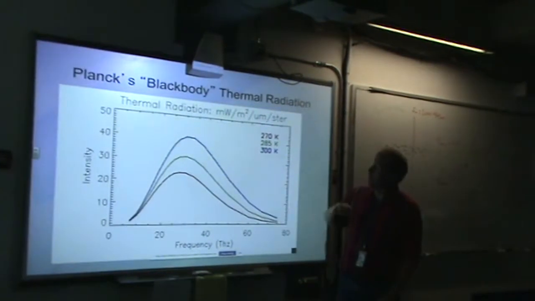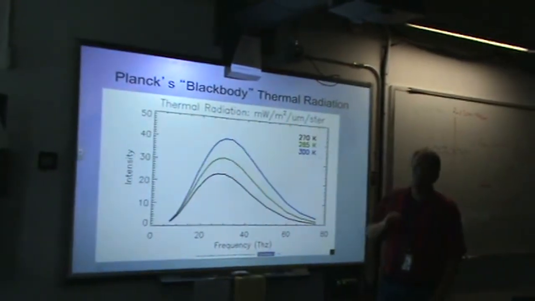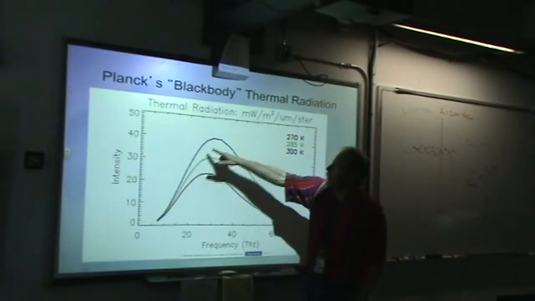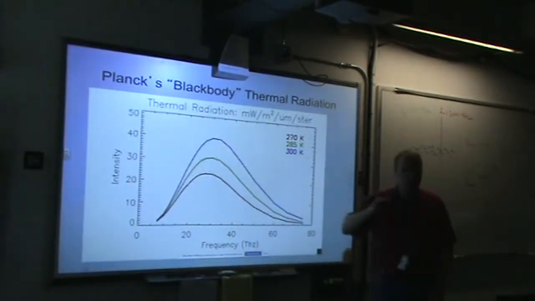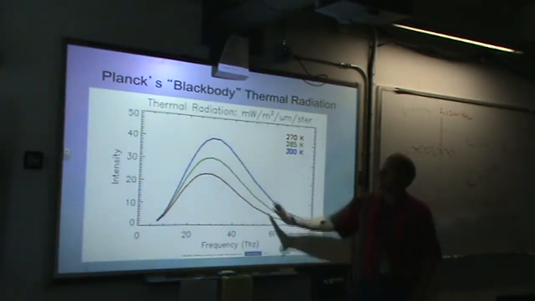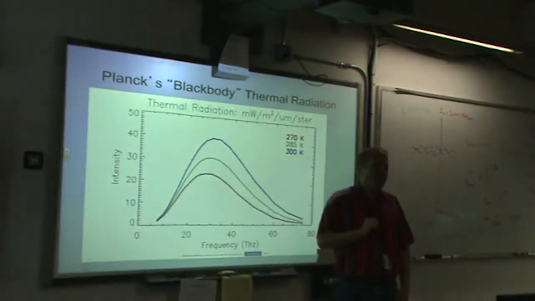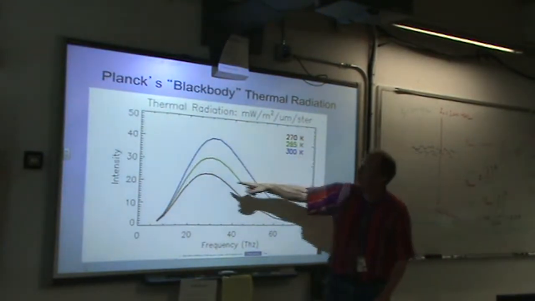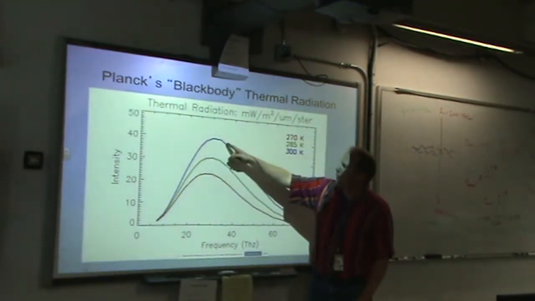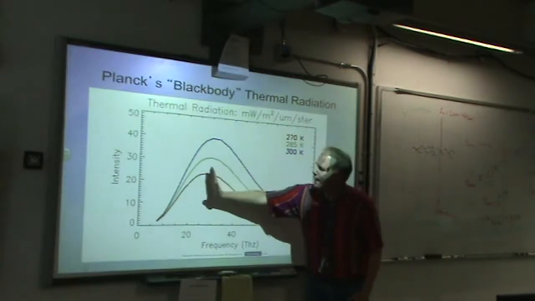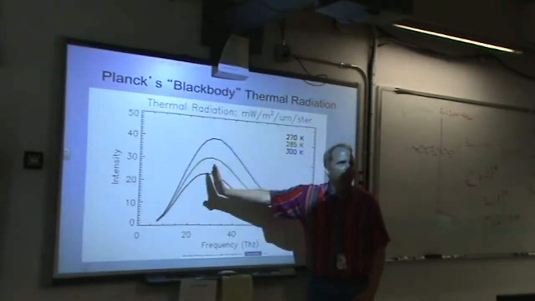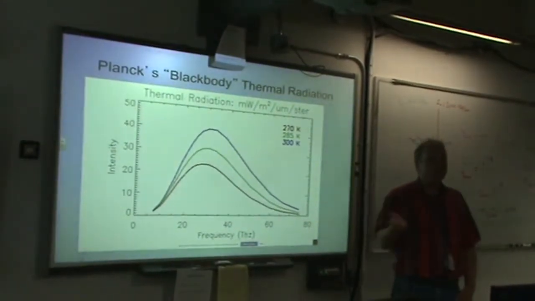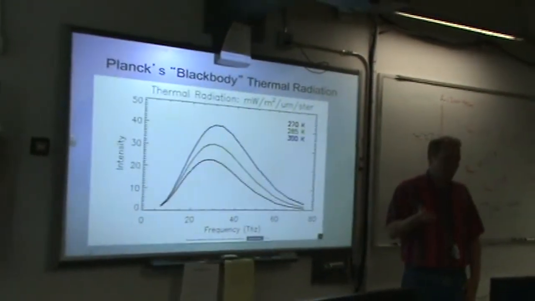If we have something at a particular temperature, and right now I'm using terrestrial temperatures here, you'd get a whole bunch of different frequencies, which means a whole bunch of different wavelengths. But there is going to be a peak at a given wavelength. And here I'm going from 270K, which is right about freezing, up to a little above normal room temperature. We can see that that peak is shifting, and shifting to higher frequencies. Higher frequencies, higher energy.